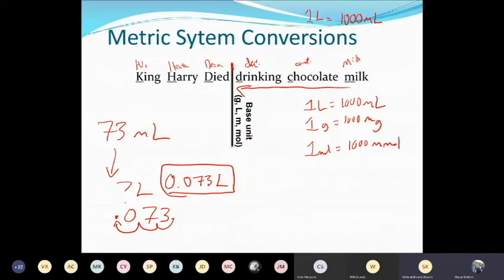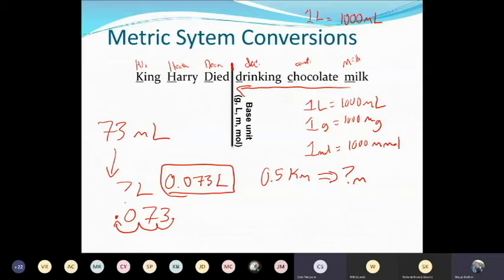All right, so let's say we have 0.5 kilometers. How many meters would that be? First of all, kilometer is on which side? Is it on the left or right or in the middle? The left.